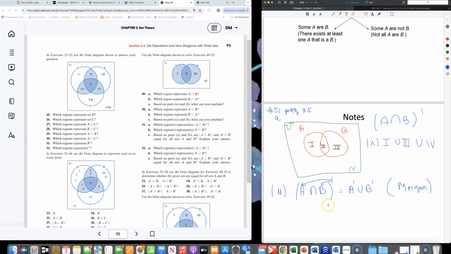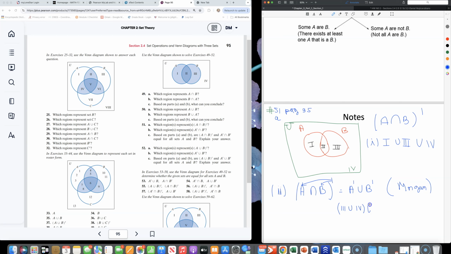A complement is everything that is not in A. All that is not in A is this portion of B, which is region 3, together with region 4.